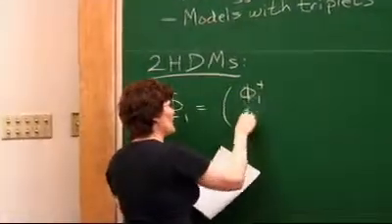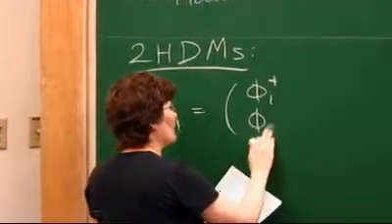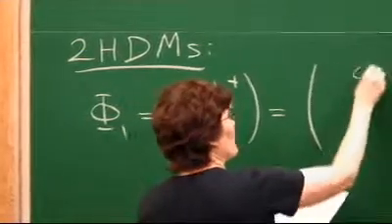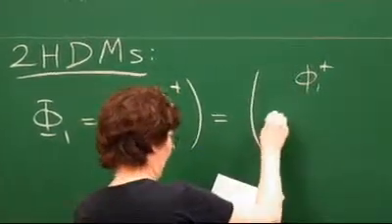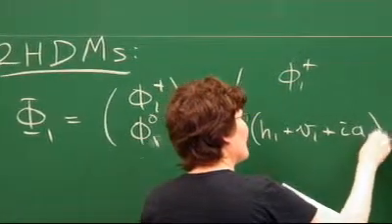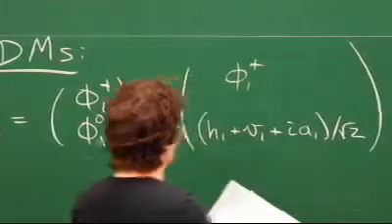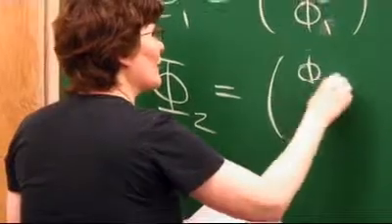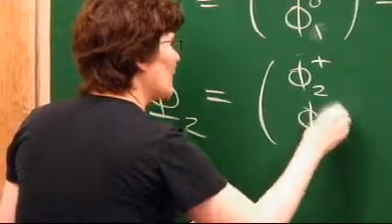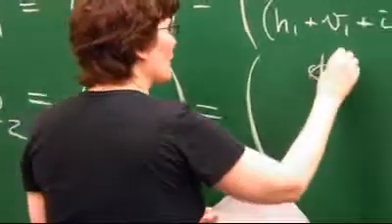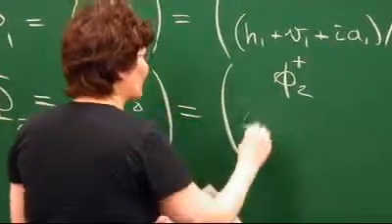Just to establish some notation, what I'm going to use later on, and then the same thing with phi2. These are not mass eigenstates that I'm writing. We'll see how the mass eigenstates come in a little while.